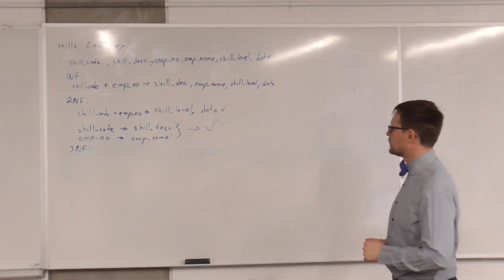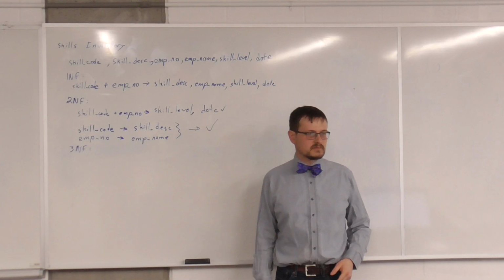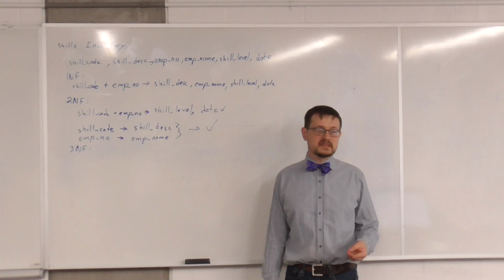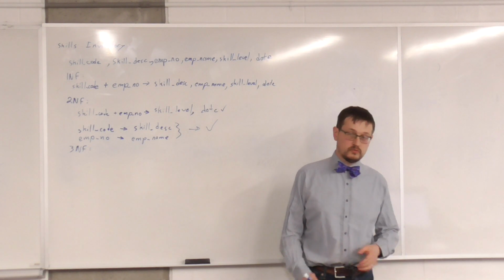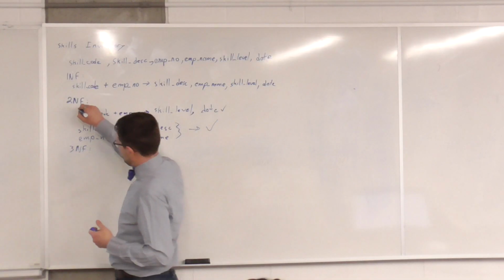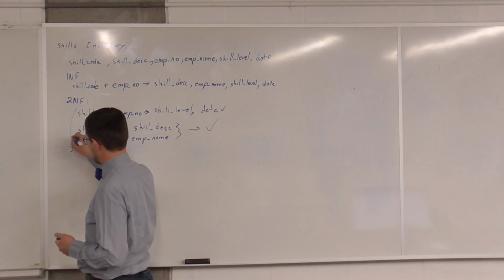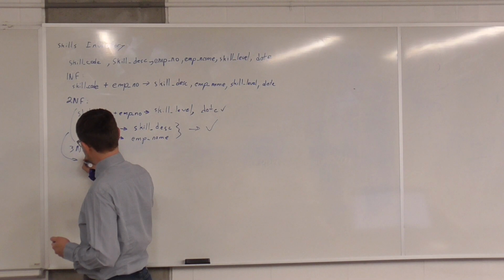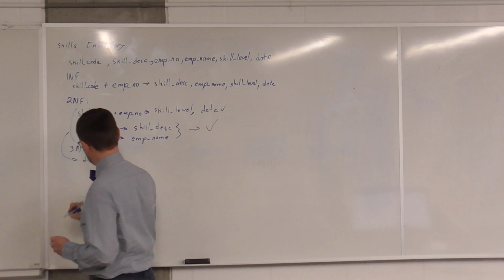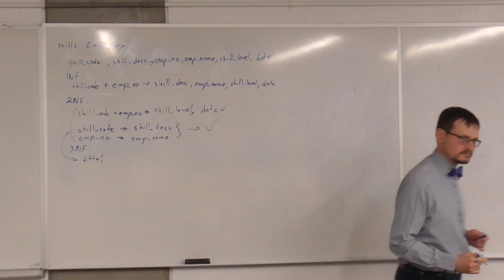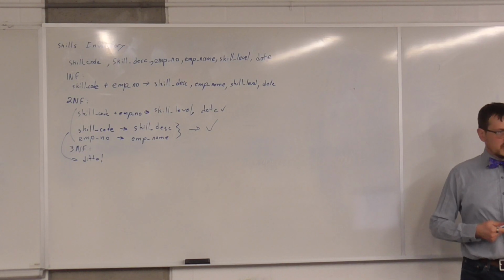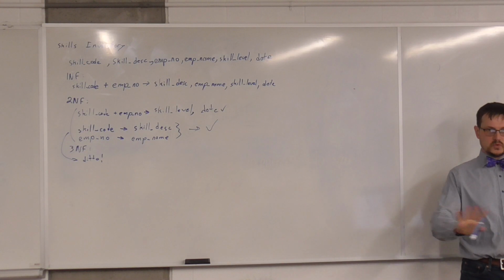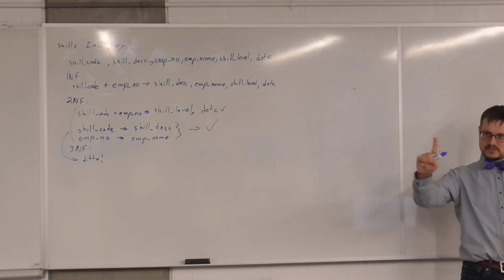So a way of saying that is that our third normal form is identical to our second normal form. If you wanted, you could take all of this and write it again, but I'm just going to say ditto. Right? Make sense? Okay. That's one report.